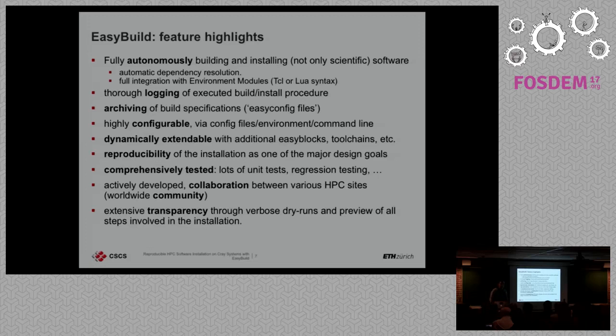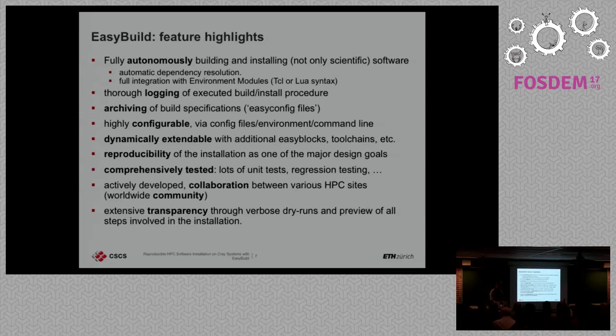So the main features of EasyBuild: you have autonomous building and installing of the software. You also have logging, so you don't need to care about saving the output. You're going to find the logs of the installation somewhere, and you don't need to worry about that. You have archiving of the build specification, so every time you build a recipe, you have a copy of this recipe somewhere so that you know that you can redo it.